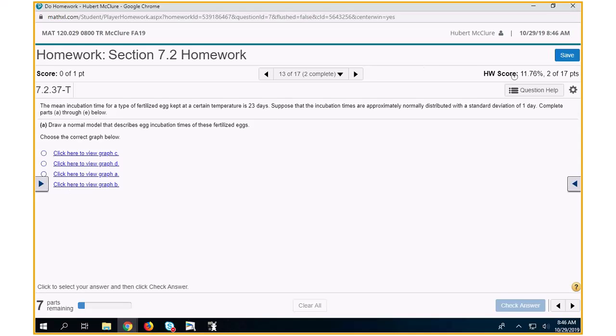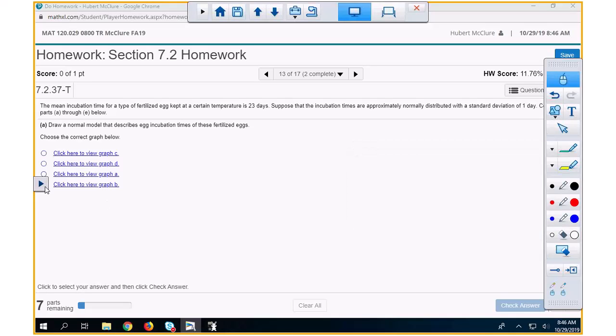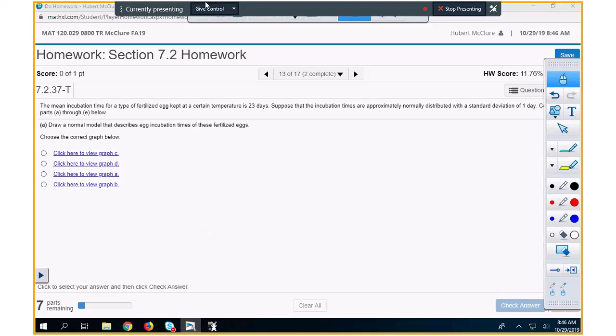So what's the first thing you're going to do? Draw what? Draw a picture. You're going to draw a picture no matter if you want to or not, because on this one, you're going to have to. I know, I'm a bastard.